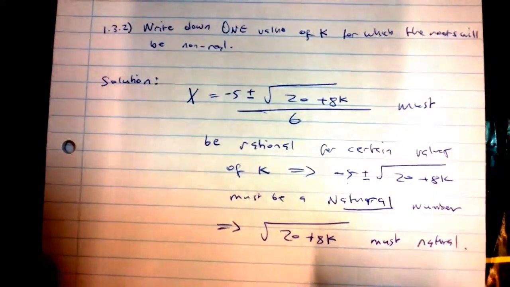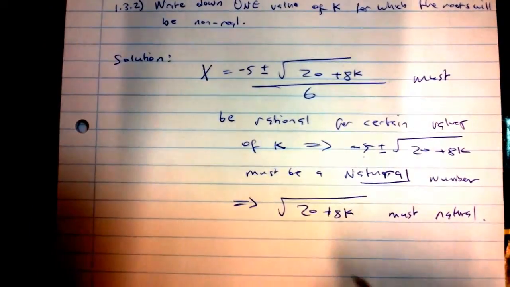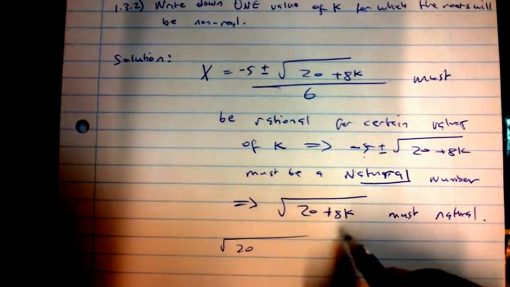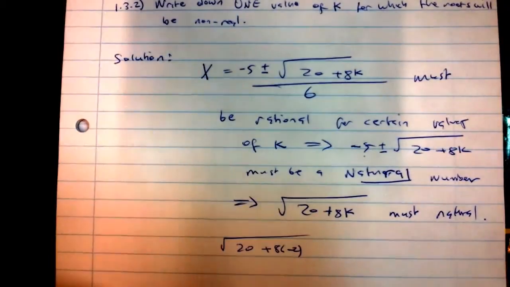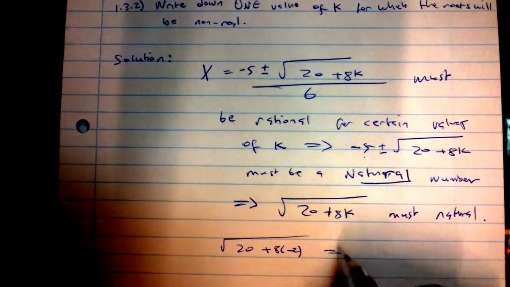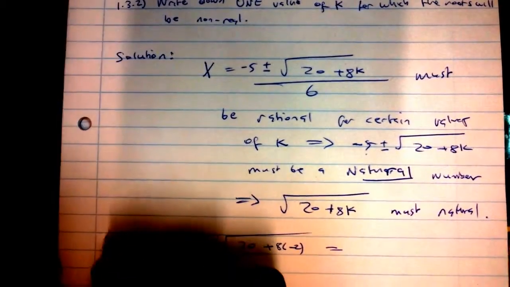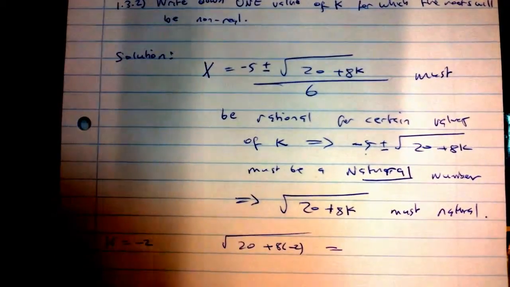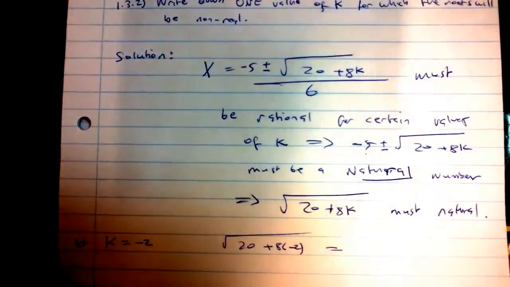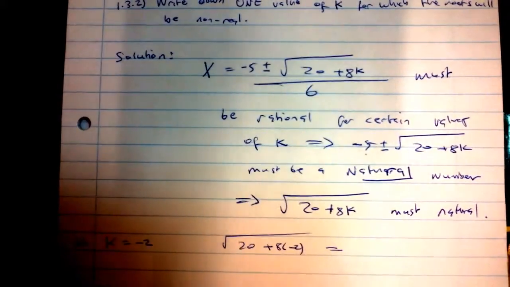Let's see it out. If you plug in -2, you will have 20 plus 8 times -2. So let me just write. Let k equal -2. You'll have root of 20 plus 8 times -2.